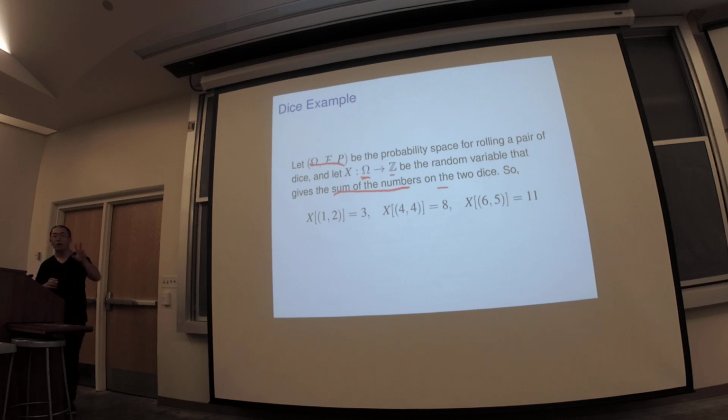So we have two dice, and we roll them, and we get points. For a particular outcome, which is a pair of points, (1, 2), the random variable is defined as the summation of the points, so its value will be 3. The random variable for (4, 4) is 8, and the random variable for (6, 5) is 11. Any question?